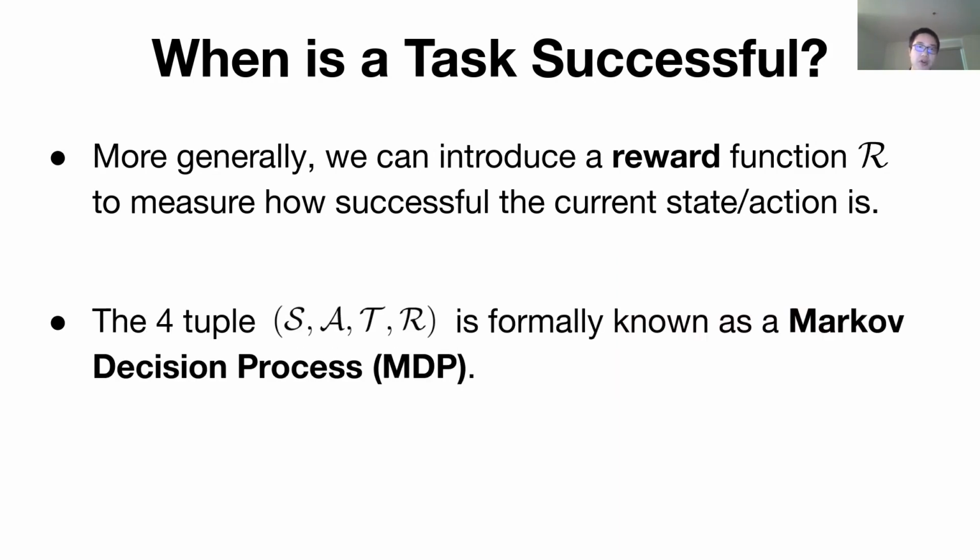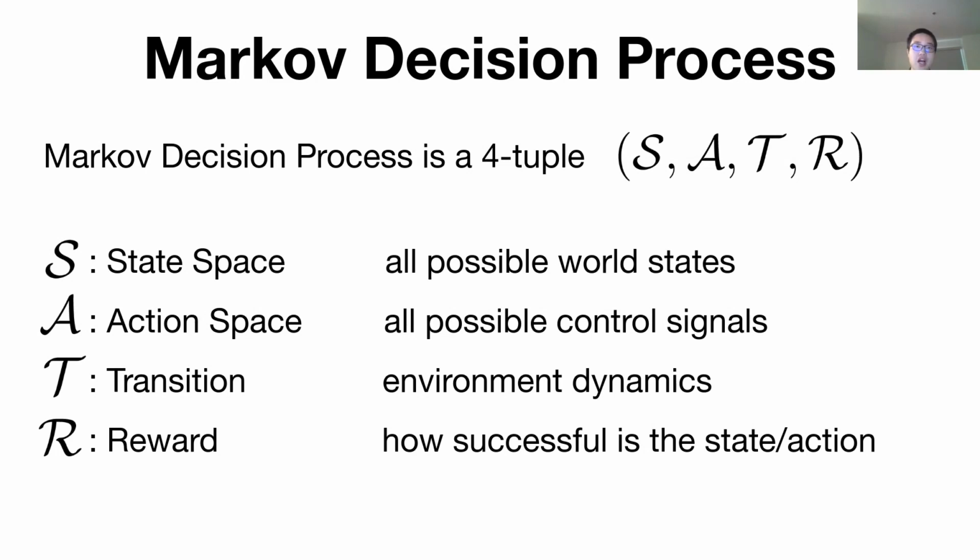The four tuple here, S, A, T, and R, is formally known as the Markov decision process, or MDP for short. So on top of the forward model, MDP adds the reward function to describe how successful the state or action is.